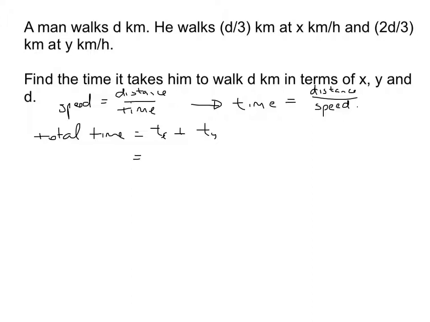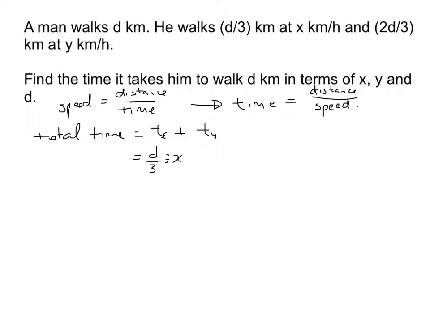For the x component, the distance travelled is d over 3. So this would be d over 3 divided by x.